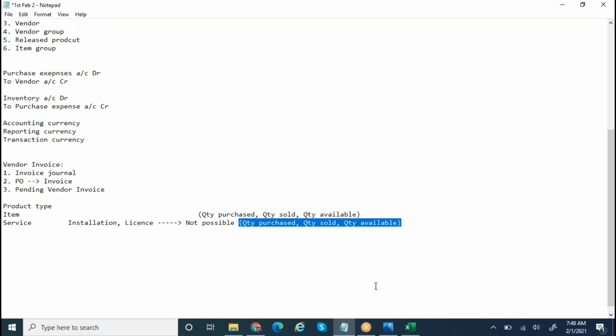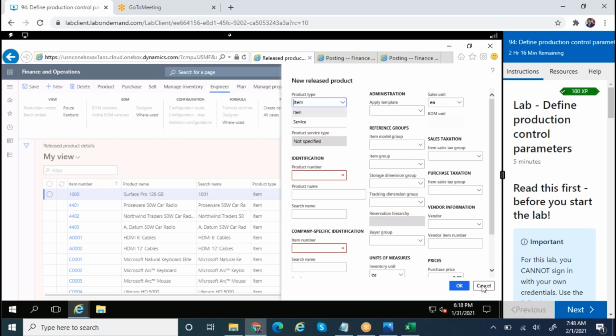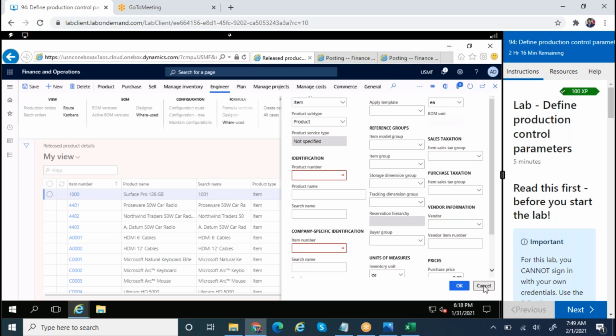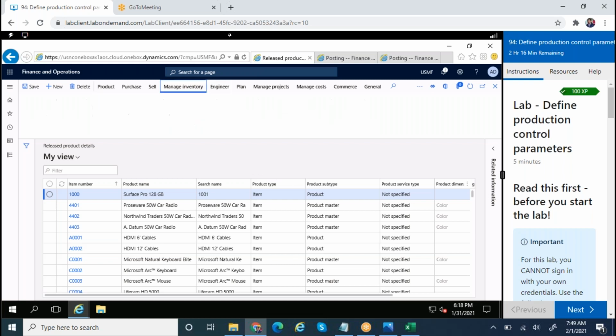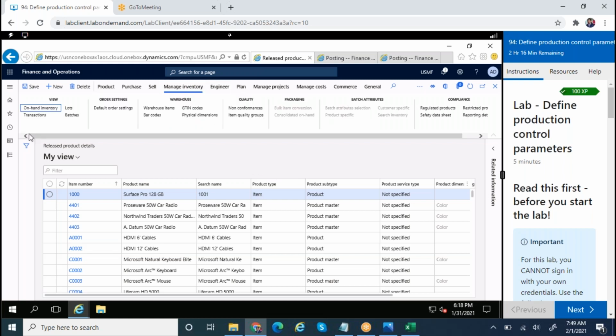We cannot track how many quantity purchased, how many quantity sold. That means for service items, on hand inventory will not be displayed. Let me show you. So if I'm filtering by cycle, look at this one. This is T&L top, but you should know in this, on-hand inventory is available.